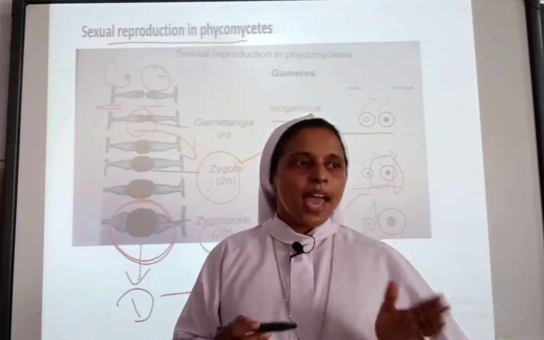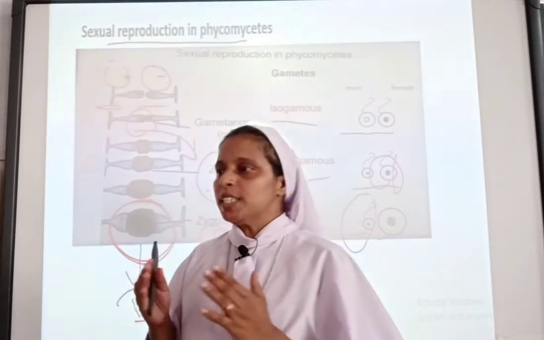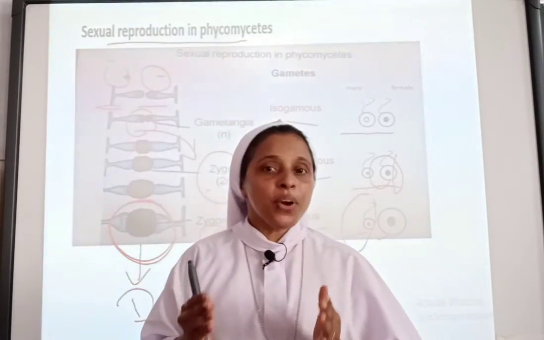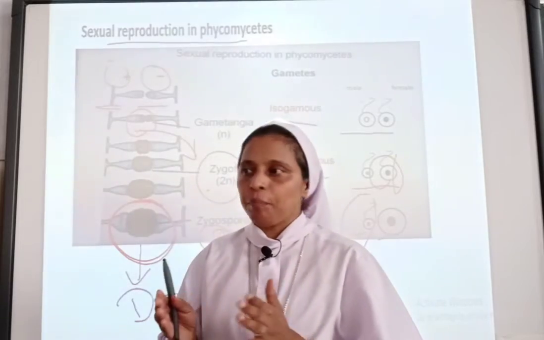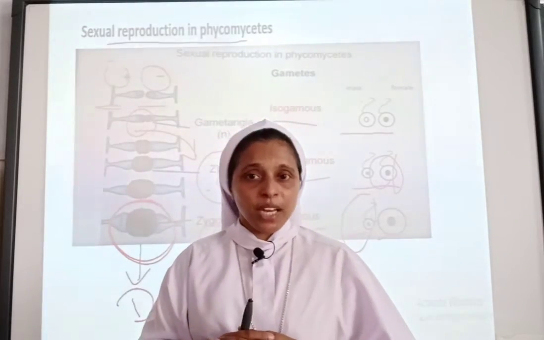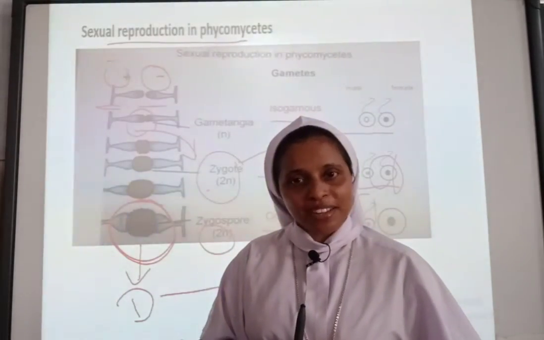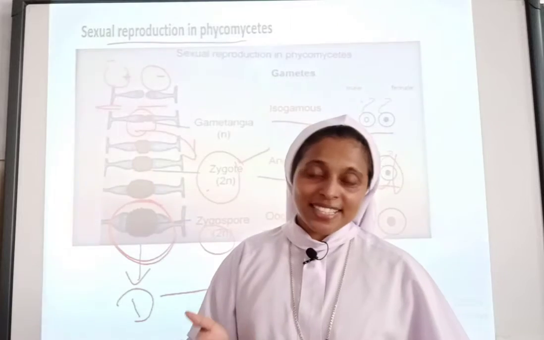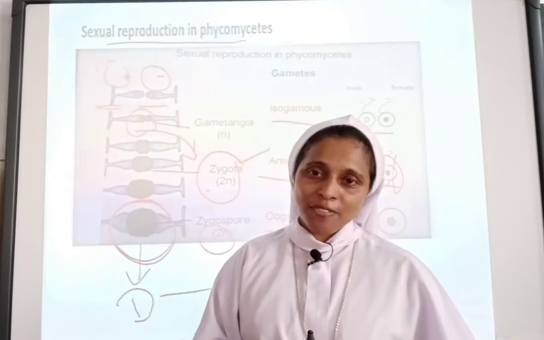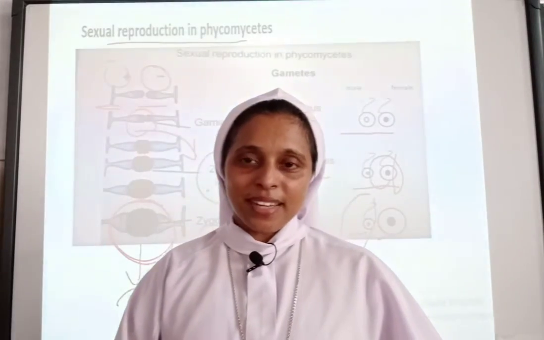These spores will germinate into haploid hyphae. Now can you tell me, will these hyphae be genetically similar or different? Your answer will be yes, different, because it is the result of sexual reproduction. We know that sexual reproduction will produce different types, right?